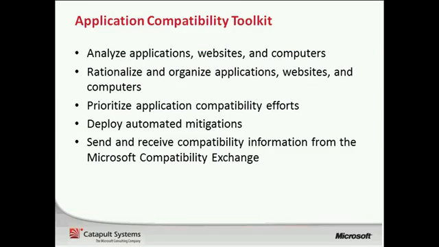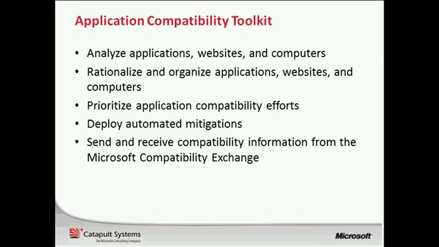The next free tool, so another piece to stress there, is the Application Compatibility Toolkit. ACT is exactly what it says it is. It's about managing your applications in your environment. If you figure out all of those different applications in your environment, now you can go and do something about them.